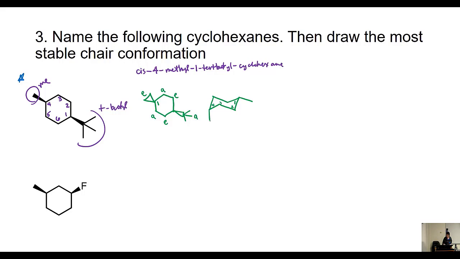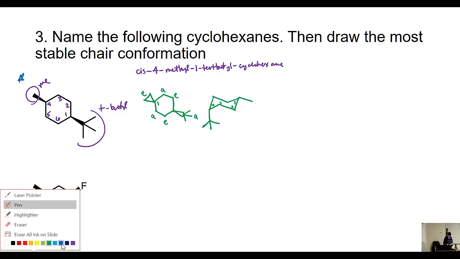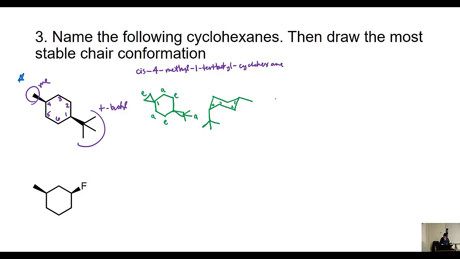Okay, and I'm going to do the second version. Blue. And then I'm going to do A, E, A, E, A, E. I'm going to call this 1. 1, 2, 3, 4. Okay, and I'm going to do axial, equatorial. So which position is going to be the most stable?